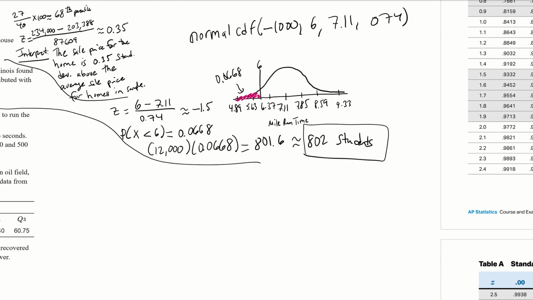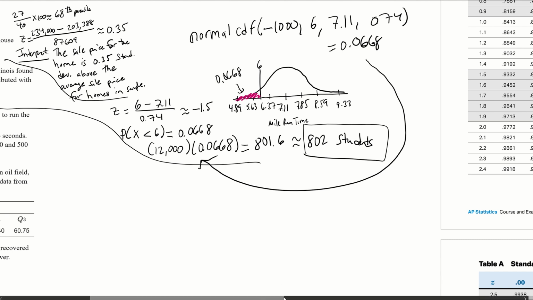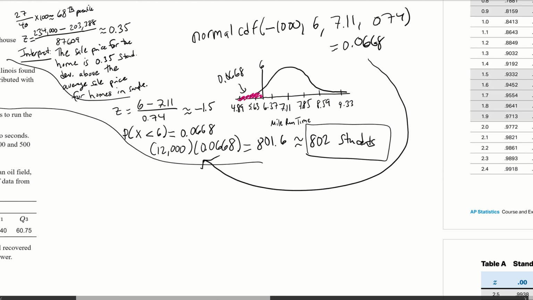So you have to provide that and say that that's equal to 0.0668. And then, of course, you multiply that result by that 12,000 to get the answer, okay? So if you're using a calculator, you need to show supporting work for that. You need to actually explain that.